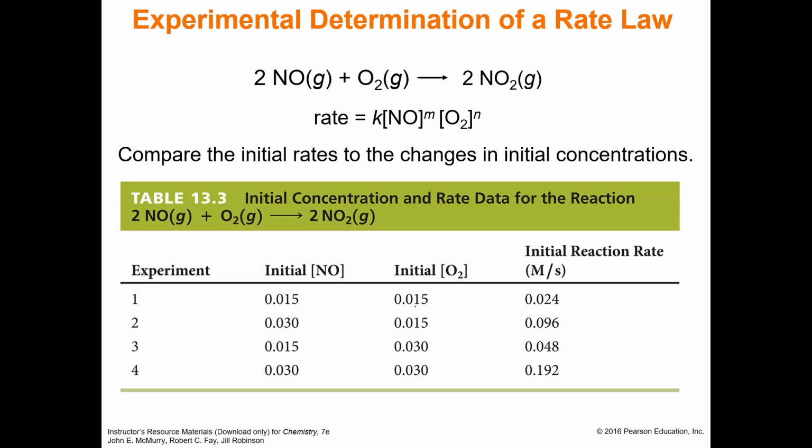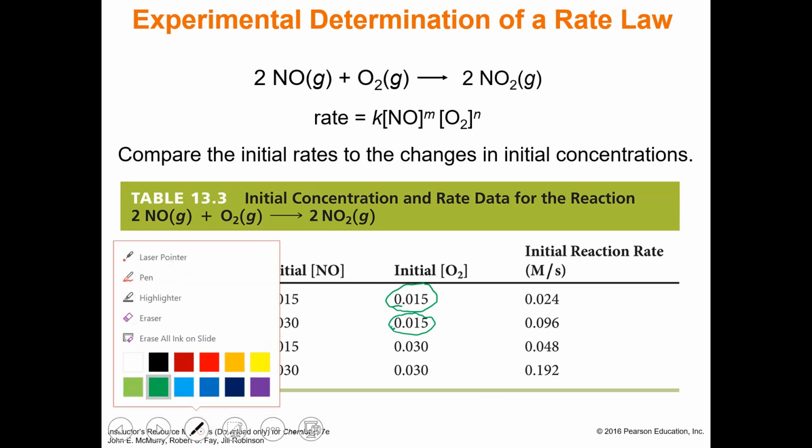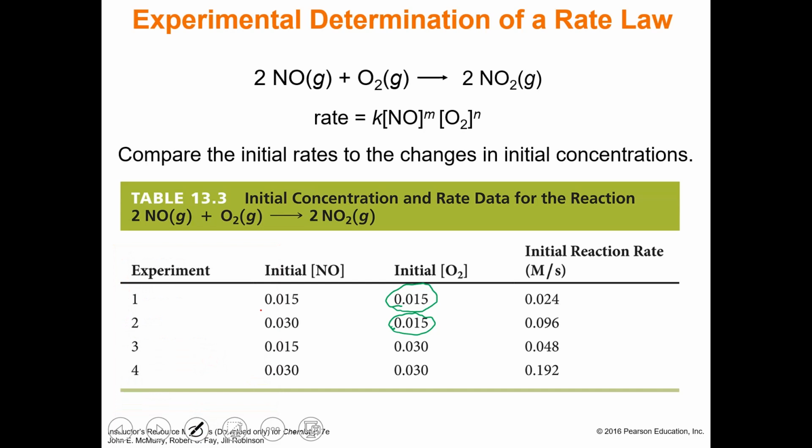If we look at the first 2 experiments, we keep the concentration of O2 the same and we double the concentration of NO. So what does that tell us about what this exponent should be?